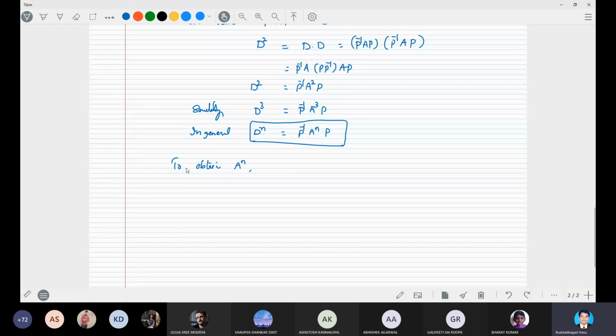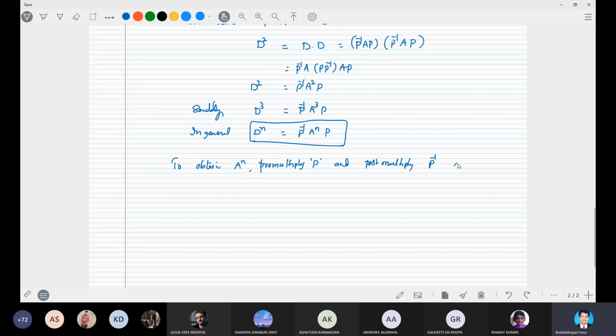Pre-multiply by P and post-multiply by P inverse. Very good.